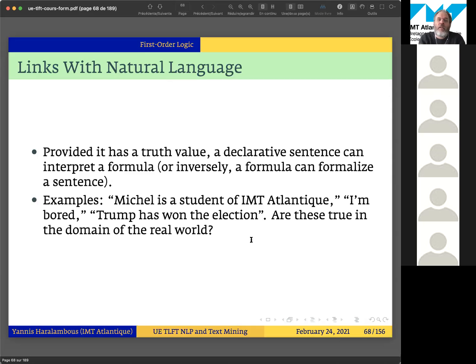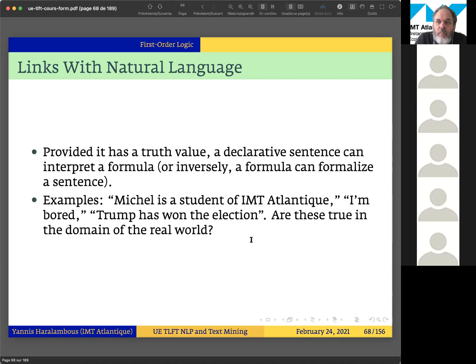So if I say Michel is a student of EMT Atlantique, I can formalize this by a sentence. Trump has won the election can be formalized by a formula. It's not necessarily true. Truth depends on interpretation.